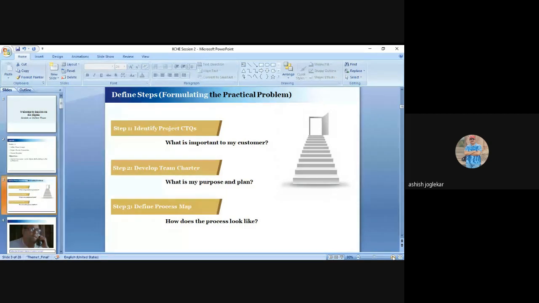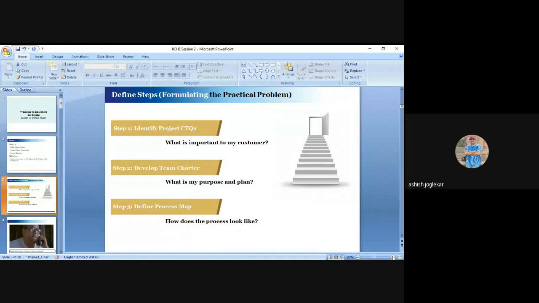That is the CTQ for the customer. The service will be if the TV gets some damage or something is not properly working, then a service engineer comes and repairs the TV. That is service quality. So a CTQ can be a quality of a product or quality of a service or both. What is important to my customer is important. We must know what the customer wants from me in this product.